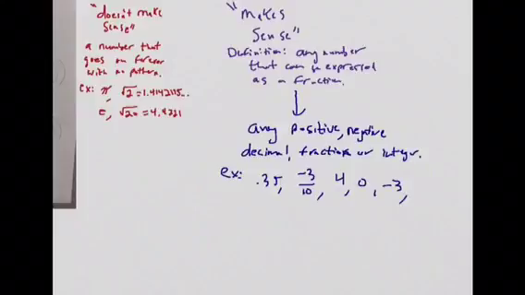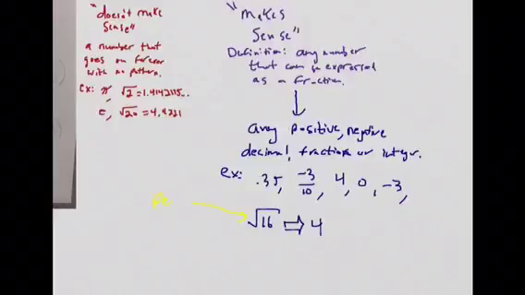Here's some more examples. Square root of 16 is rational, because what is the square root of 16? It's 4. It's a perfect square. I'm going to draw that here.